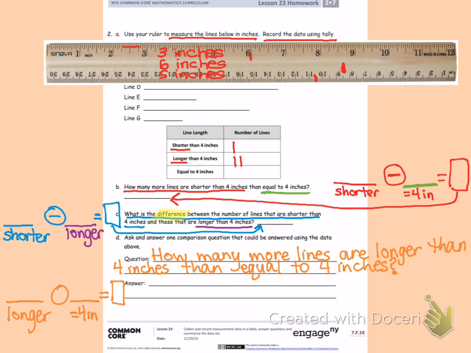Again, since we are comparing, we are finding the difference, and that means we must subtract. Don't forget, whenever you answer a question that's a word problem, we must answer the question in a complete sentence.